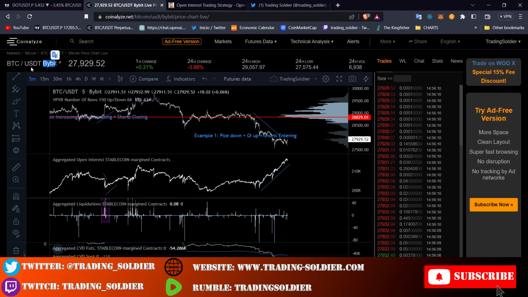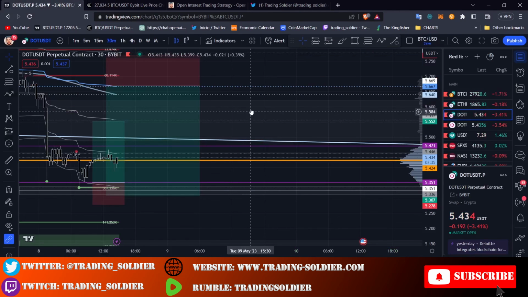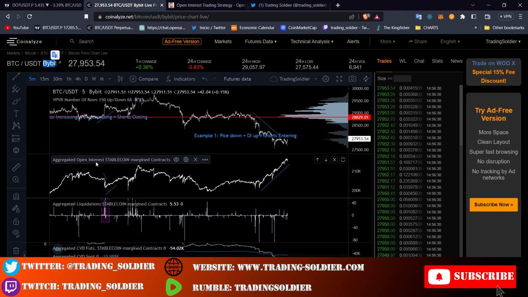And also, for the time I've been using CoinAnalyze, I can say that they are pretty precise. I trust the data that they give. For example, open interest in TradingView is not as good, nor are CVDs, as many others. You also don't have the option to, let's say, filter with stablecoin margin contracts.